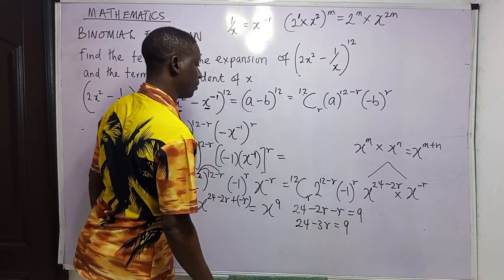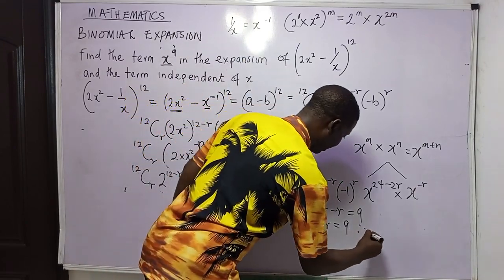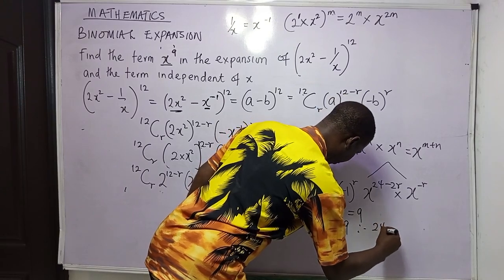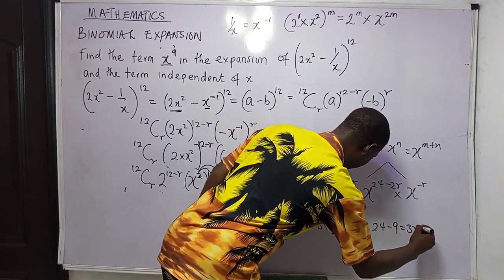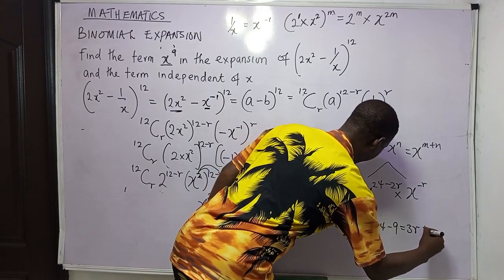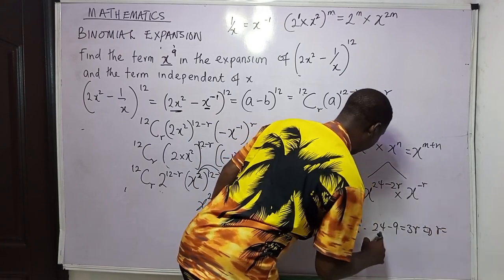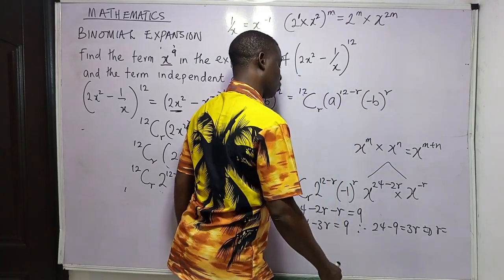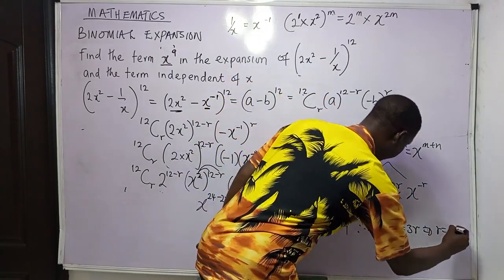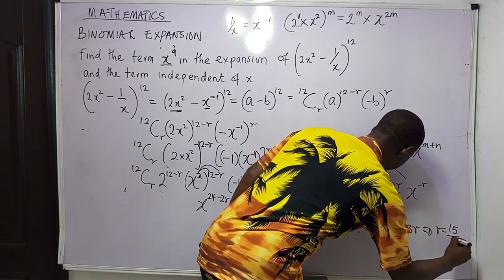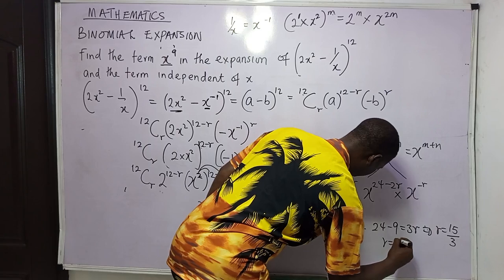Let's collect like terms. So 24 minus 9 equals 3r. Therefore r equals 24 minus 9, which is 15, 15 divided by 3. So r will be equal to 5.